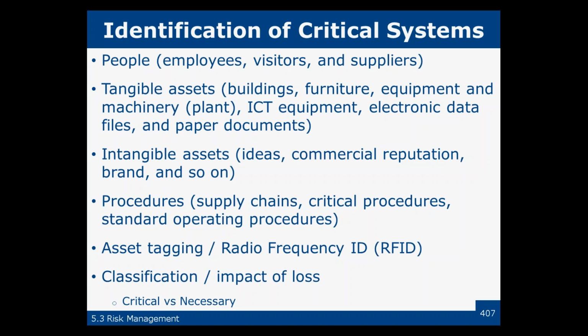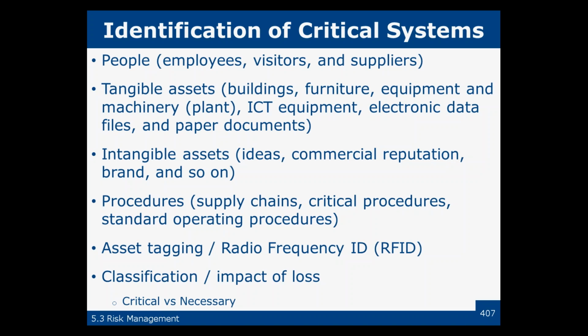Tangible assets: buildings, furniture, equipment, machinery, plant, electronic data files, paper documents, all of those things are going to be tangible assets. Intangible assets, ideas, commercial reputation, brand, things like that. The procedures, the supply chains, critical procedures, and standard operating procedures.